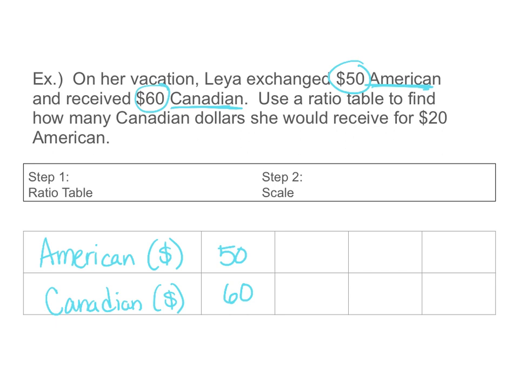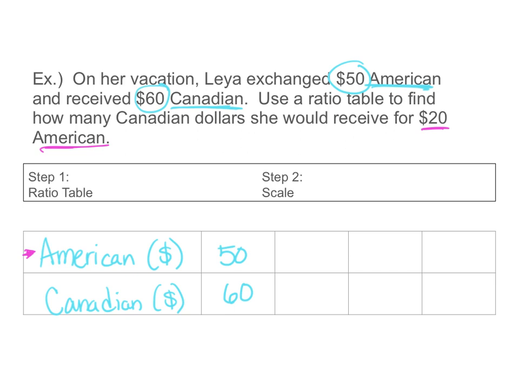All right. And then it says, how many Canadian dollars would she receive for 20 American? So it's really important that you look to see what they're giving you. It says American, so I have to put it under my American category. And that is $20, so I put the 20 here. But I can't get from 50 to 20.